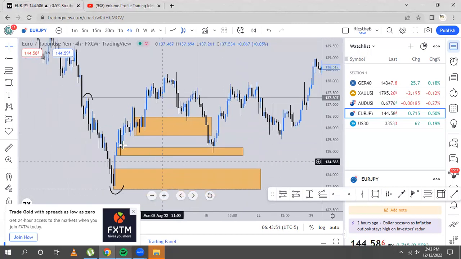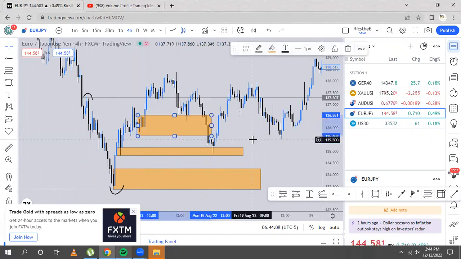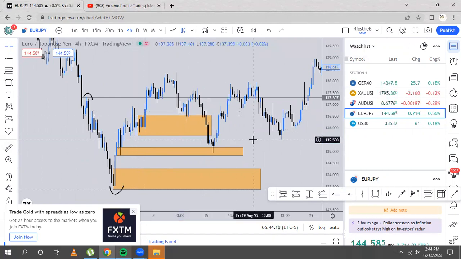If we look closely, it's from this area where we have the swing that broke structure. But look at what happened to this price. Price pushed below this level of demand. Why? Because of liquidity.